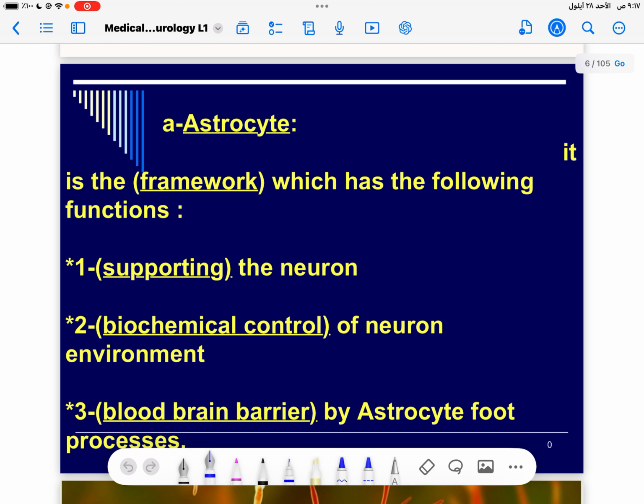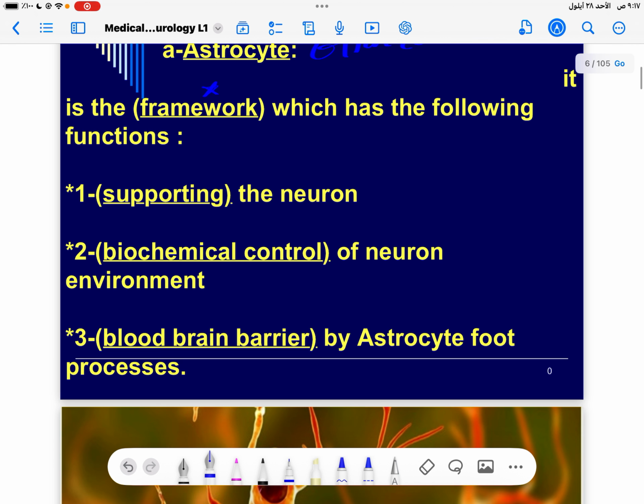So the astrocyte basically is a framework, and that framework has the following functions. Number one, it supports the neuron. The neuron is suspended by the astrocytes.